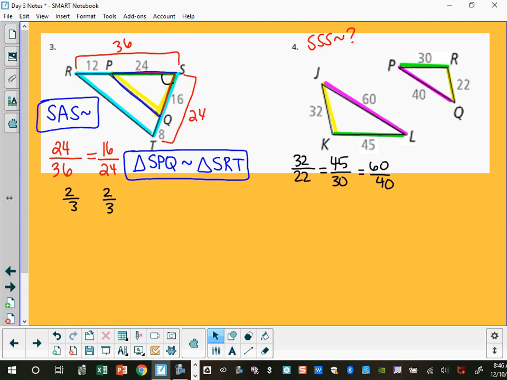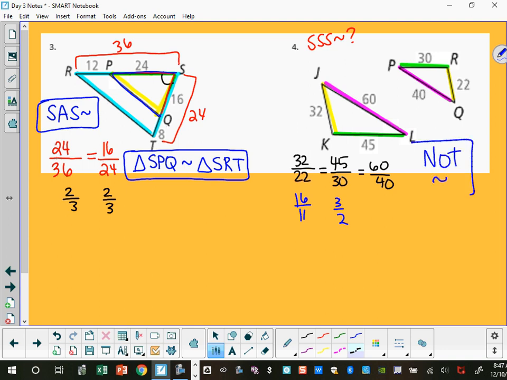All right, Max, what do you get for 32 over 22? 16 over 11. What about 45 over 30? 3 over 2. All right, so I don't even really have to check this last one, right? Because I know they're already not the same. So is this going to be side similarity? No, it's going to be not similar because my ratios are not the same. I didn't check the last ratio because I didn't need to. The first two weren't the same.